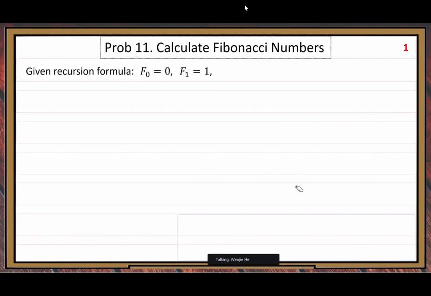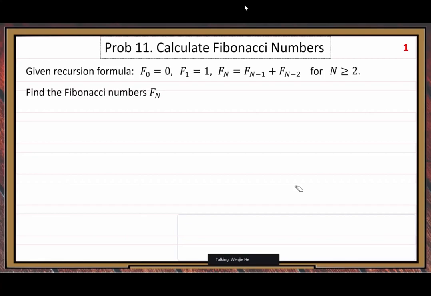Two base numbers: f0 equals 0, f1 equals 1. Then the recurrence formula: f sub n equals f sub n minus 1 plus f sub n minus 2, for n greater or equal to 2. A very simple recurrence relation.